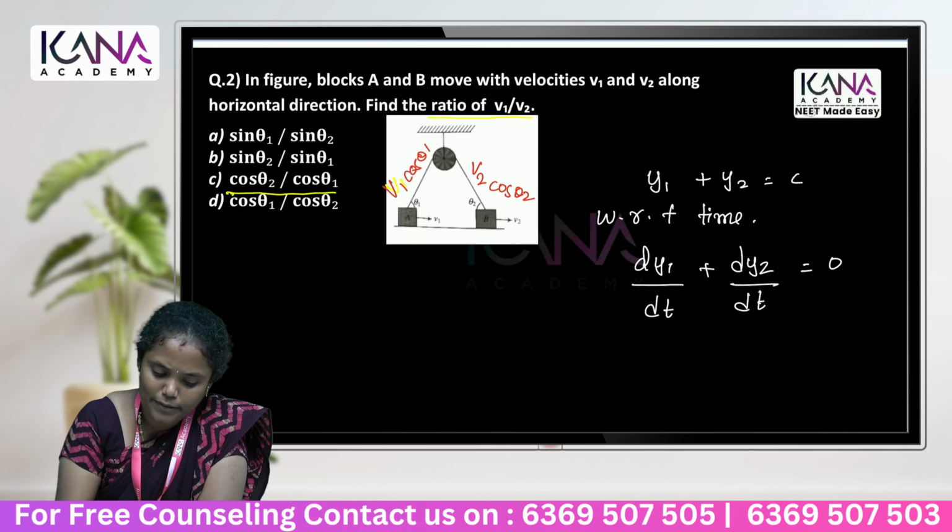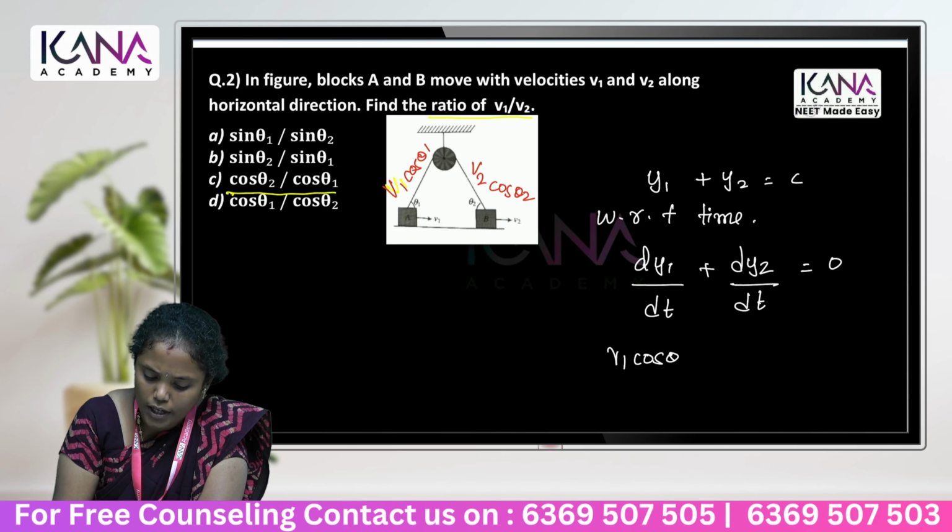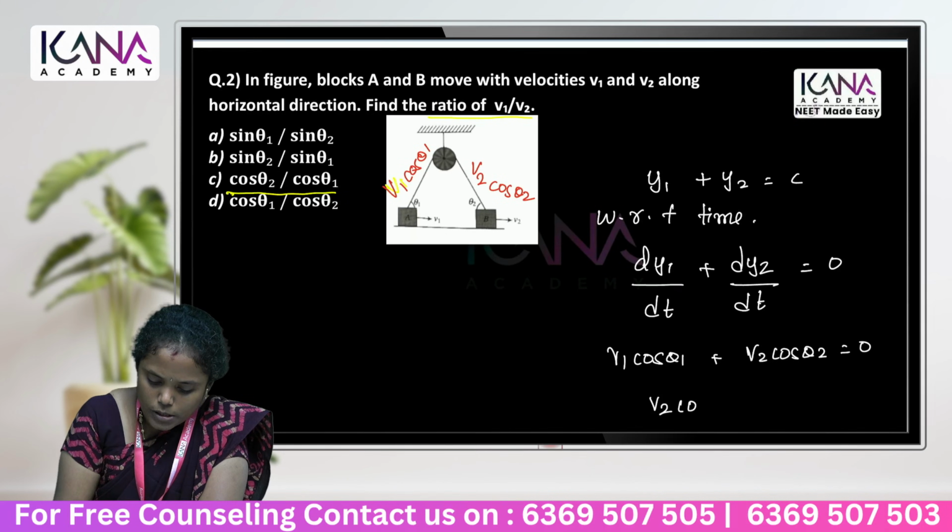What is dy1 by dt? Velocity. So v1 cos theta 1 plus v2 cos theta 2 equals zero, so v2 cos theta 2 equals minus v1 cos theta 1.